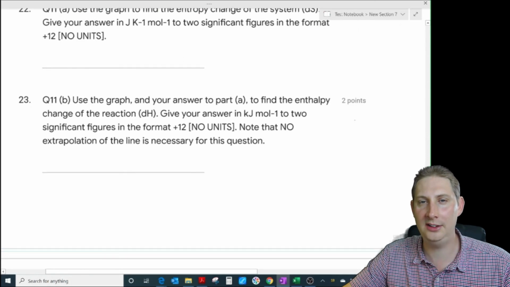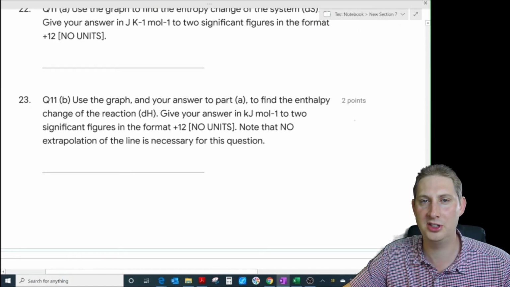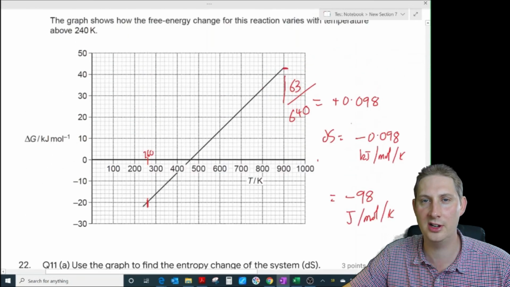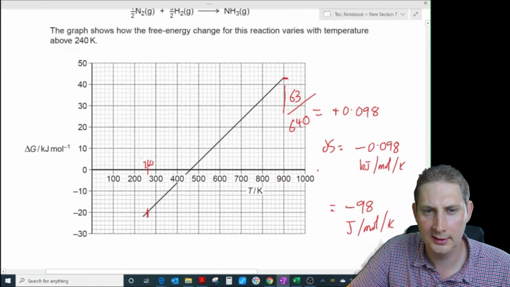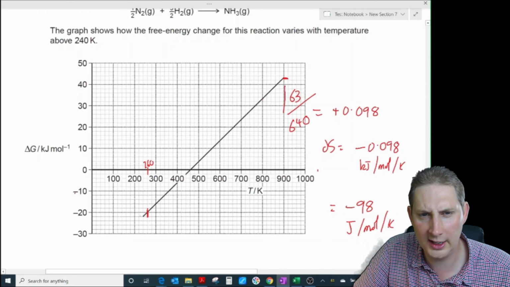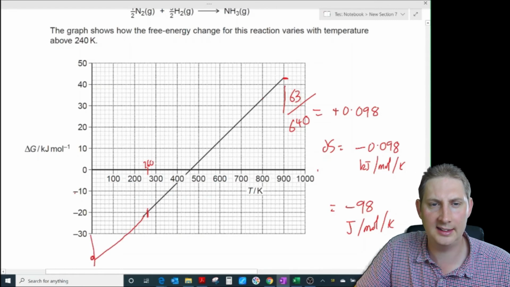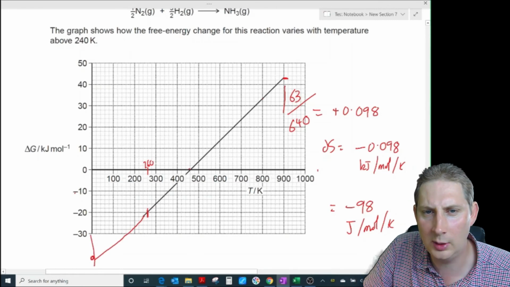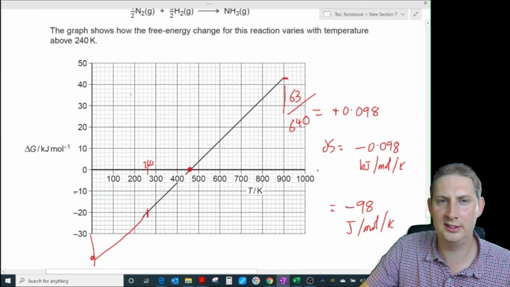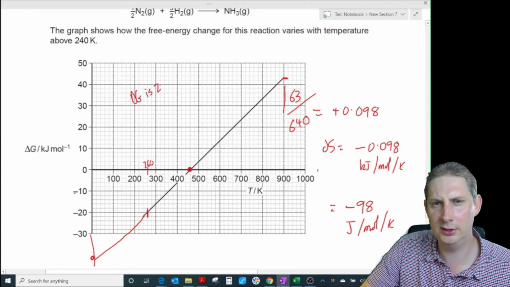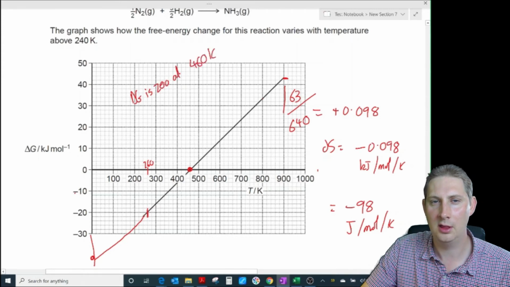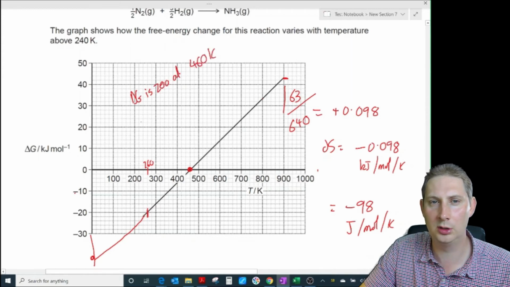Use the graph and your answer to part A to find the enthalpy change of the reaction. Give your answer in kilojoules per mole to two significant figures. Note that no extrapolation of the line is necessary. Now, if you wanted, you could try and extrapolate the line and guess where you think that is going to hit the axis there, but there's an easier way. We know that delta G is 0 at 460 Kelvin. Therefore, we do what we did before.